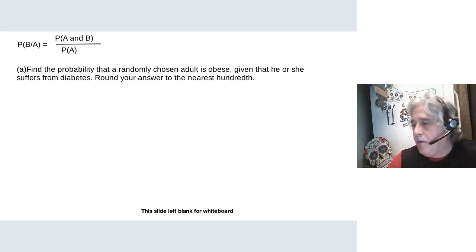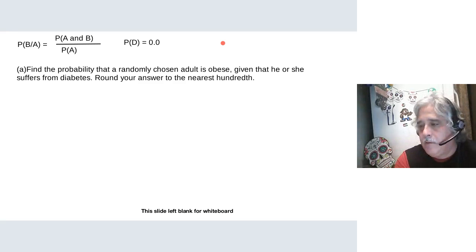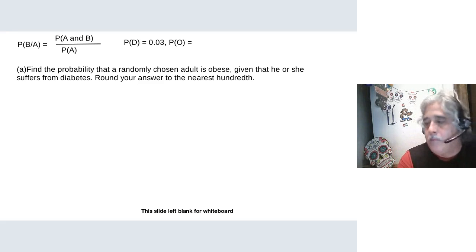All right. So the probability of diabetes, we'll just put that. I think it was 3, right? And then the probability of obese. All right.